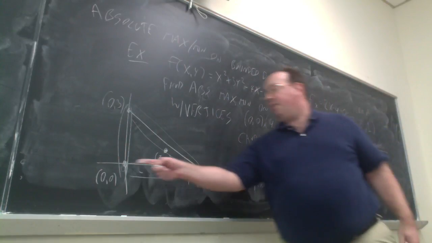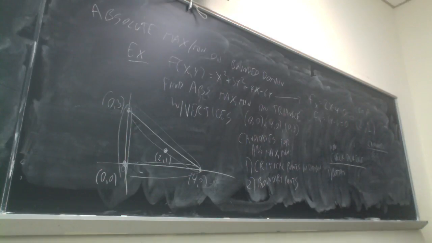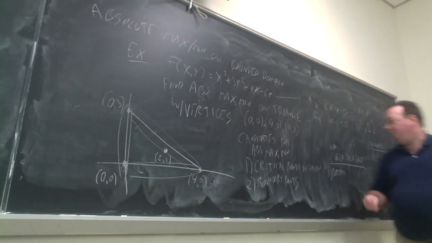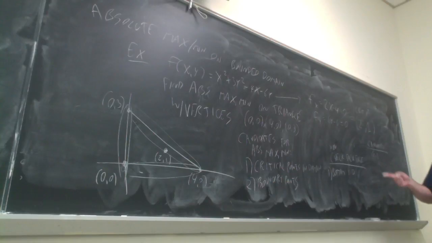this one right here. It includes the points (0, 0) and (4, 0). If you think in terms of the equation of a line, what's the equation that defines this bottom edge? y equals 0. So all you have to do is take that and plug it into the function.